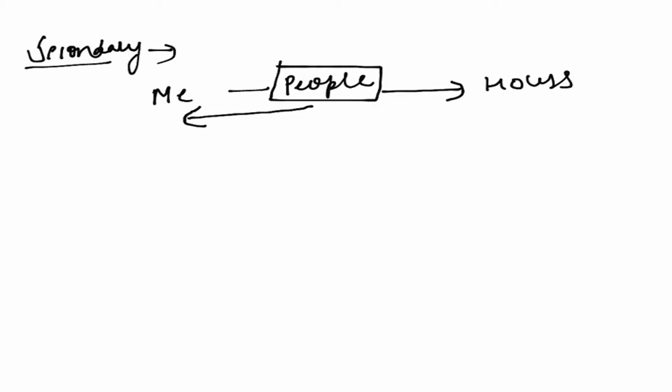I can use different means to collect the data from the different houses so that I can provide them the newspaper. So it means I am not going directly to the people. I am collecting data through some other people. So this type of data is known as secondary data.